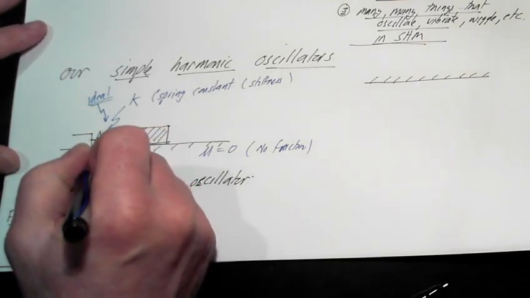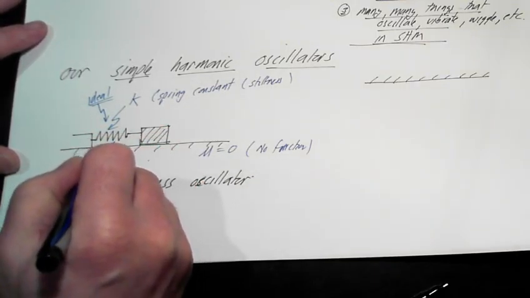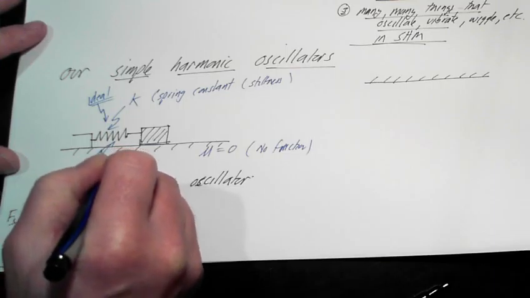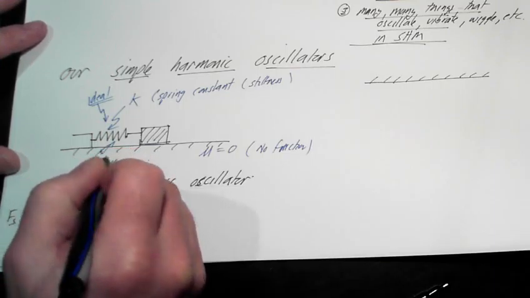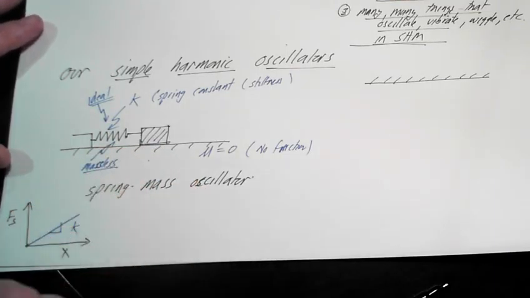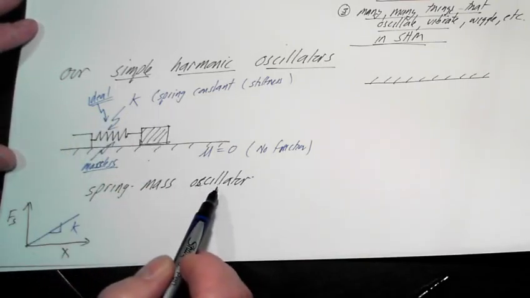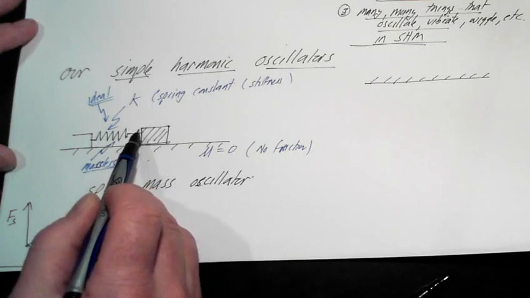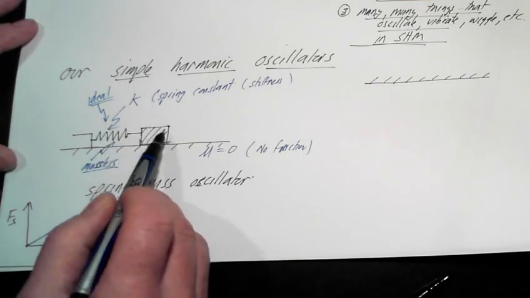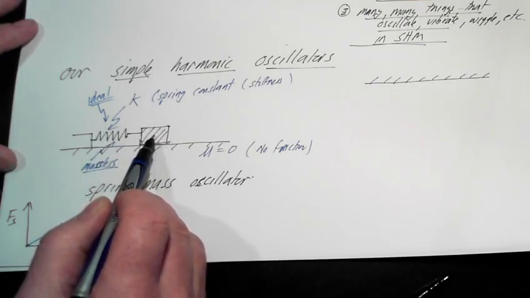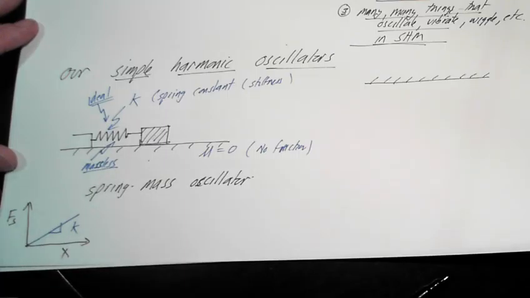Okay, what else about the spring? It's going to be massless. You say there's no such thing as a massless spring. I agree. This is called a simplification of reality. This is called a model. In our spring mass oscillator, we're going to assume that all of the mass of the oscillator is tied up in the mass and none of it is in the spring.